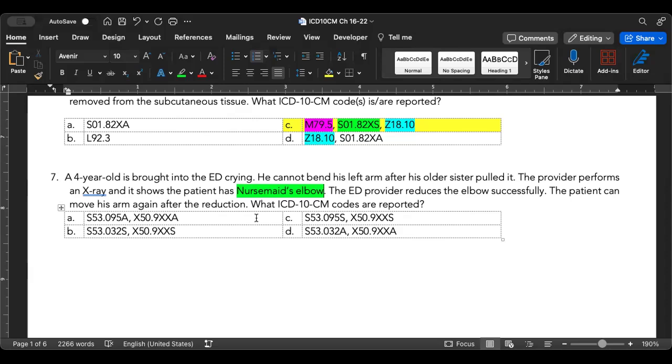And then after you find your 6th character for laterality, what is our 7th character? Yep. So letter A for the 7th character: S53.032 for the 6th character, and then letter A.